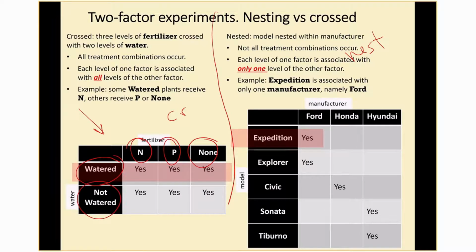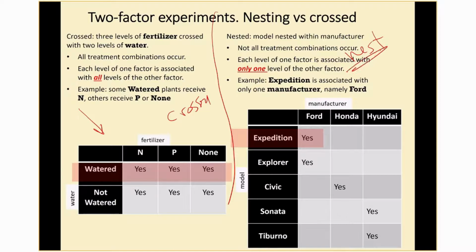So pots that get nitrogen get either this or this. Pots that get phosphorus can get either this or this. Or if you want to flip it around, pots that are watered, some of them get nitrogen, some of them get phosphorus, some of them get none. So in other words, you've got every possible combination. So this is crossed.